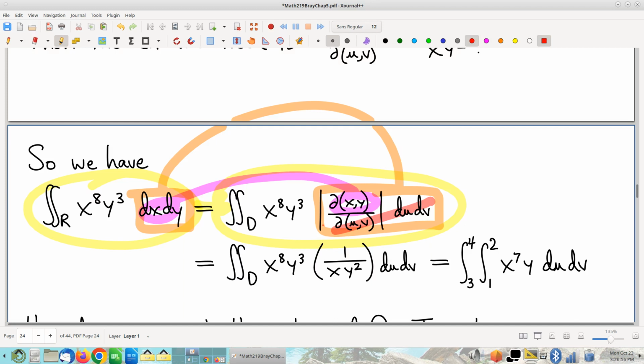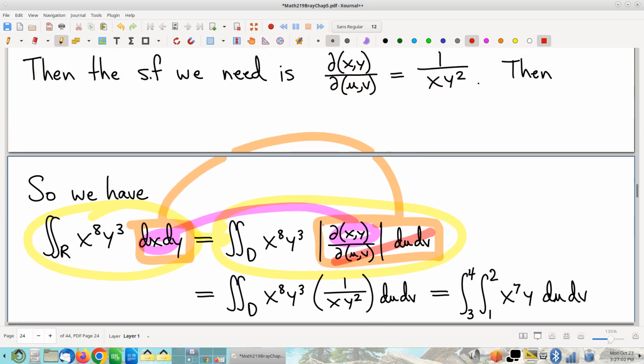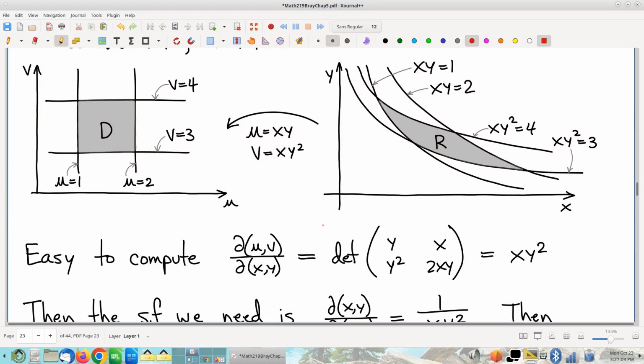So I realize that what I'm going to need is partial xy, partial uv. I don't have that. I don't even have x and y as functions of u and v, right? Looking at the setup, I have the opposite. I have u and v as functions of x and y. Now, this particular example, I didn't want the algebra to get out of hand.